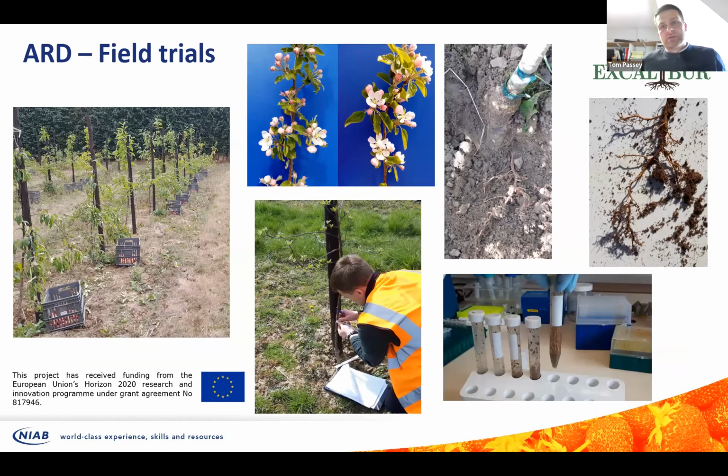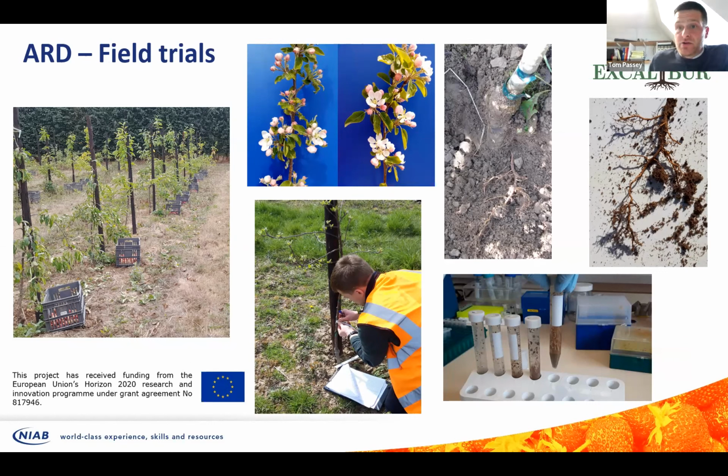And some of the assessments we're doing for these trials, we're looking at yield, flowering time and intensity, girth measurements for trunk growth. And then we're also doing annual assessments of what's happening in the rhizosphere.